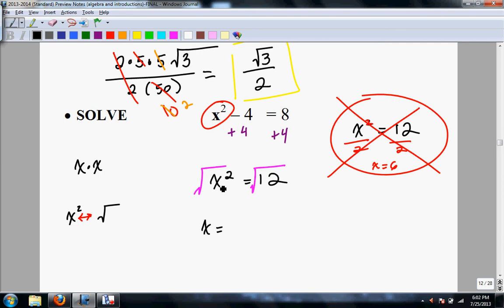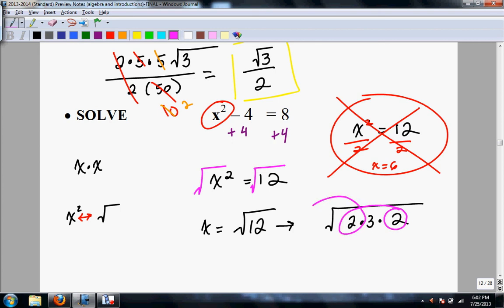So I end up with x equals the square root of 12. Now we have to prime factor this to see if there are any perfect squares. 12, that's 6 times 2. So 2 times 3 is 6, times 2 again. We have a pair. We're going to pull it out. So x in this case equals 2 square root of 3.